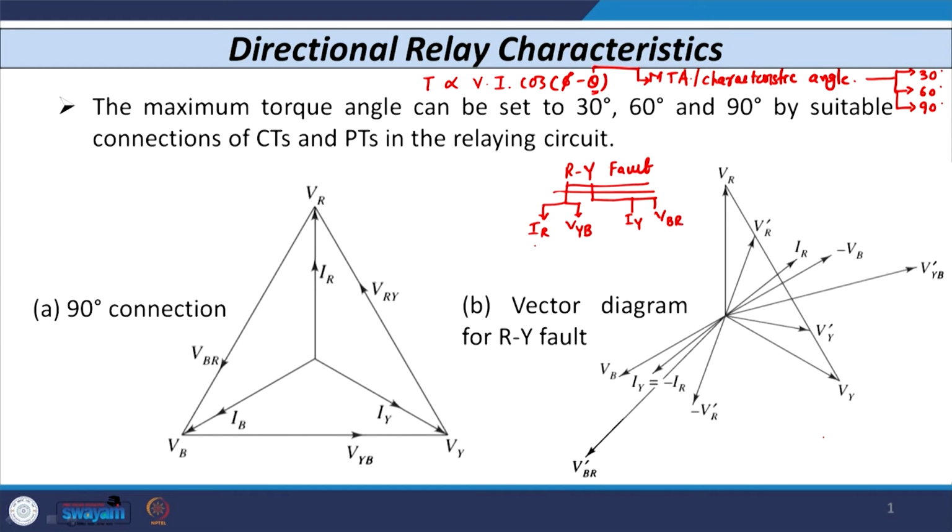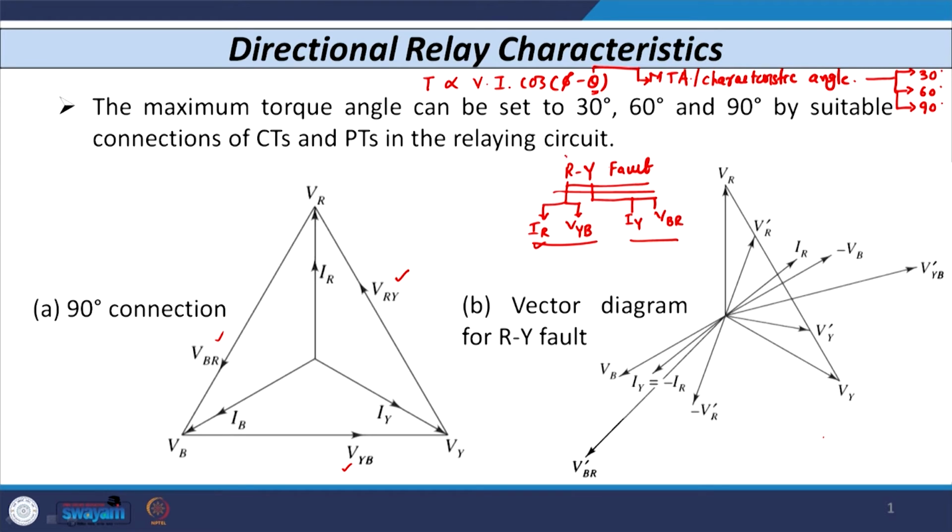So, let us check how the vector diagram behaves for these values. You can see that here we have drawn the vector diagram considering that IR, IY, IB are all displaced by 120 degrees, and the voltages are VR, VY, VB. So, we have the VRY voltage, the VYB voltage, and the VBR voltage.